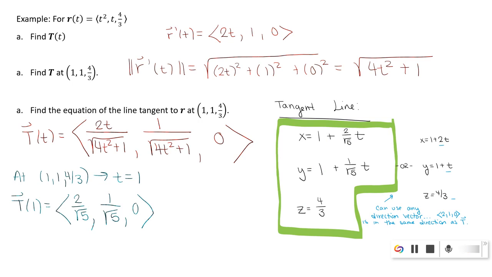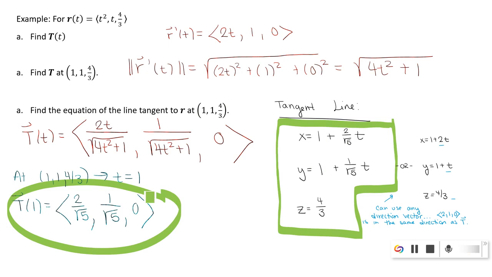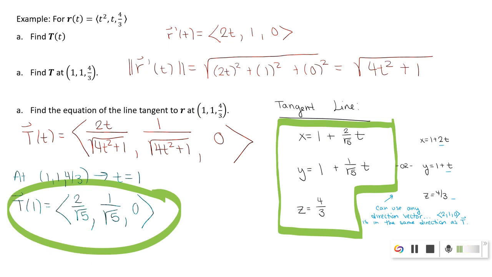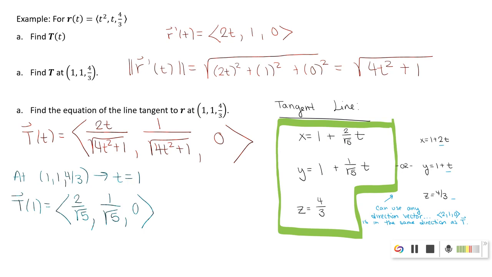However, when you are coming up with your direction vector, you don't have to use the unit vector. A direction vector doesn't have to have a magnitude of 1. And so if you want your equation to look a little bit nicer, you could just take the tangent vector and multiply everything by root 5 just to clear those fractions.